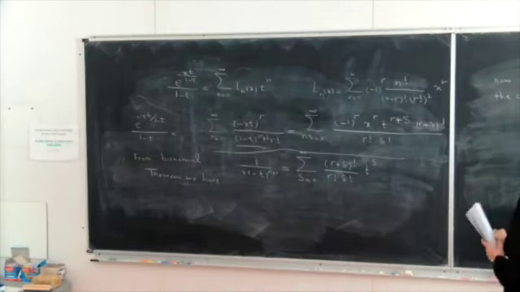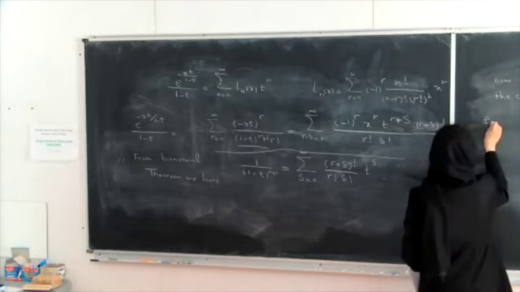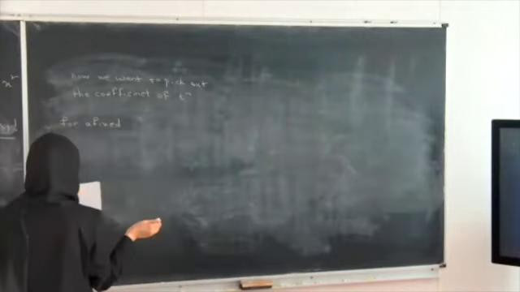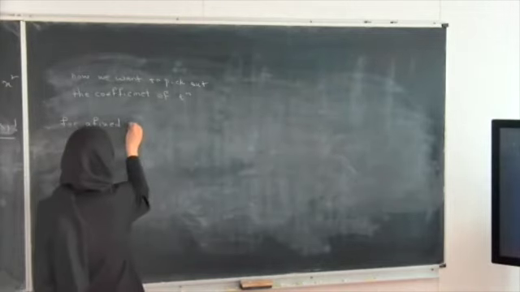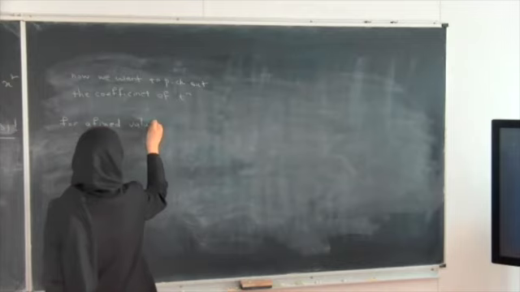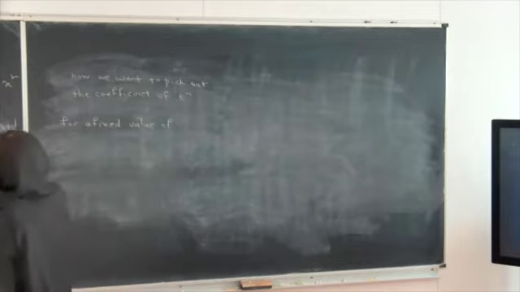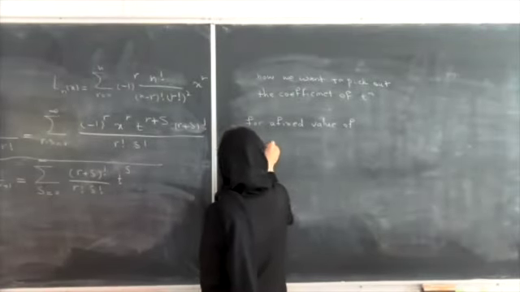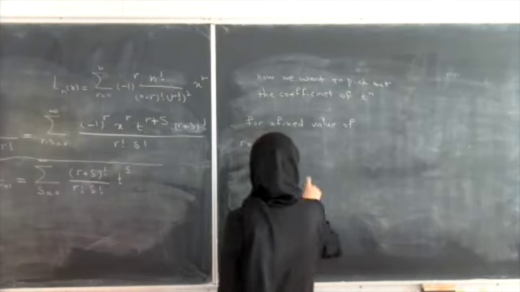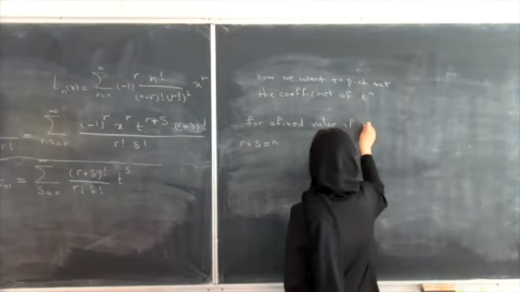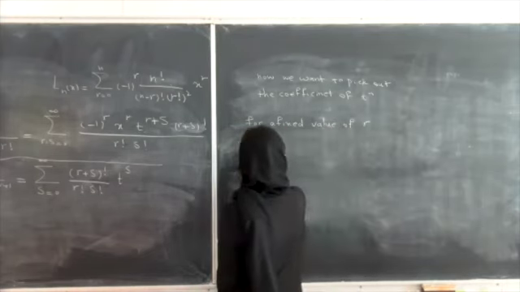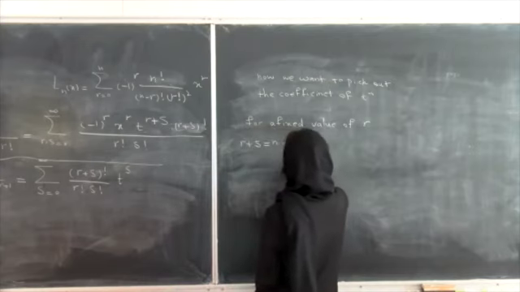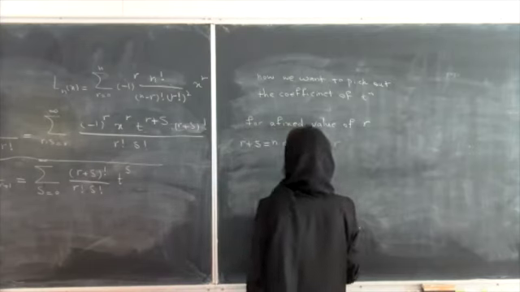For a fixed value of r, the coefficient of t^n can be obtained by taking r plus s equals n. So here we have s equals n minus r.